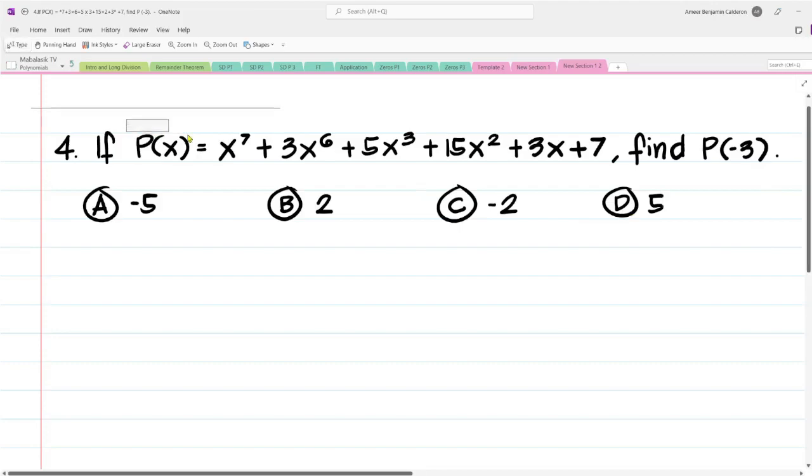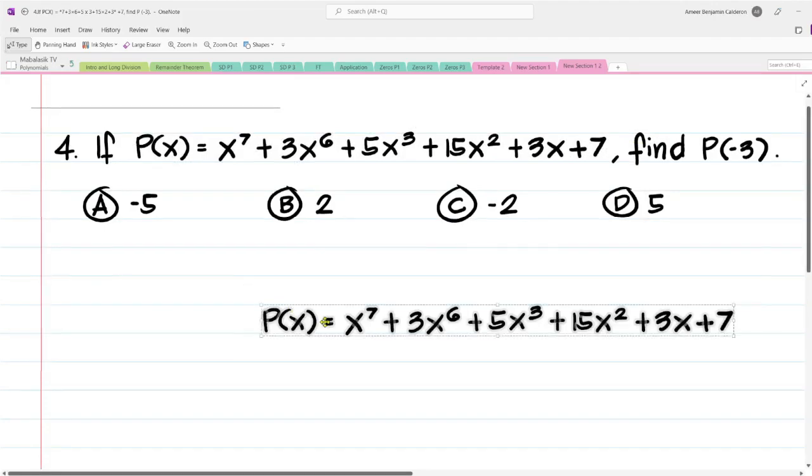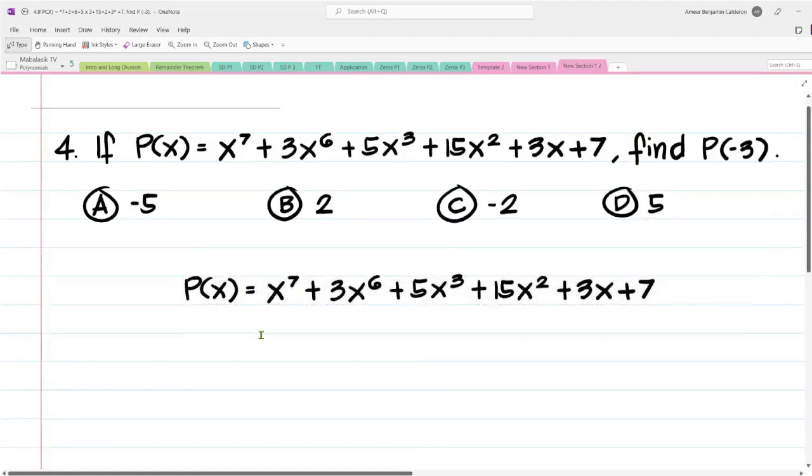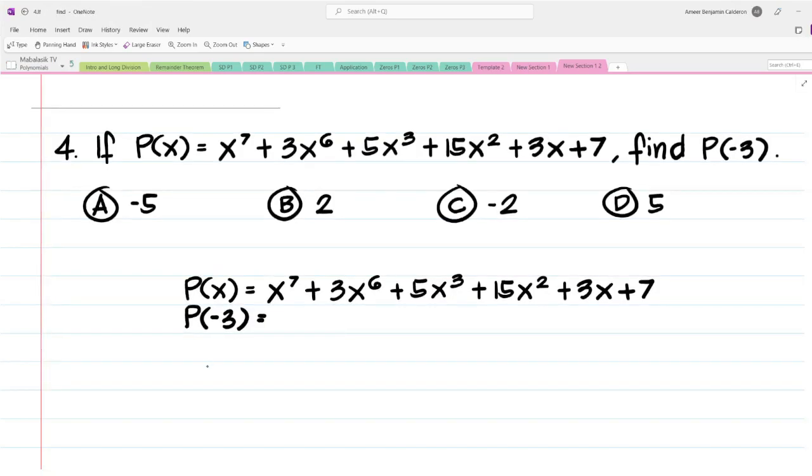So I'll copy P of x here. I'll paste it here. And then, we can now solve for P of negative 3. So we basically will just replace all x's by negative 3.